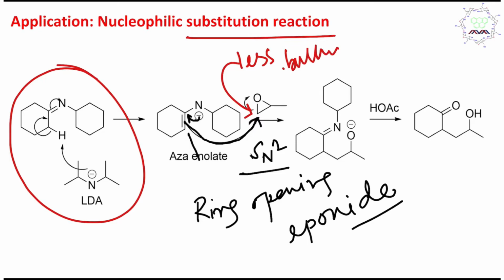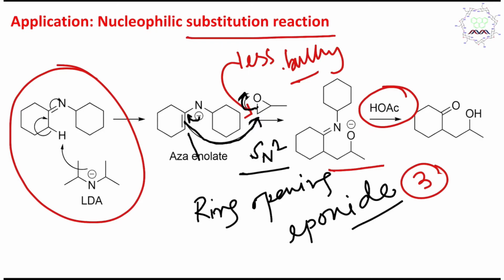By the way, I have already given a dedicated lecture on epoxide opening in presence of acid, base or Lewis acid. For better understanding of this concept, you may visit that video. The attack will happen on this less crowded site, because nucleophilic attack is easier. Then ring opening of the epoxide, a strained 3-member ring, will happen. After ring opening, it will produce this alkoxide derivative, and subsequently it will undergo hydrolysis using a weak acid like acetic acid.